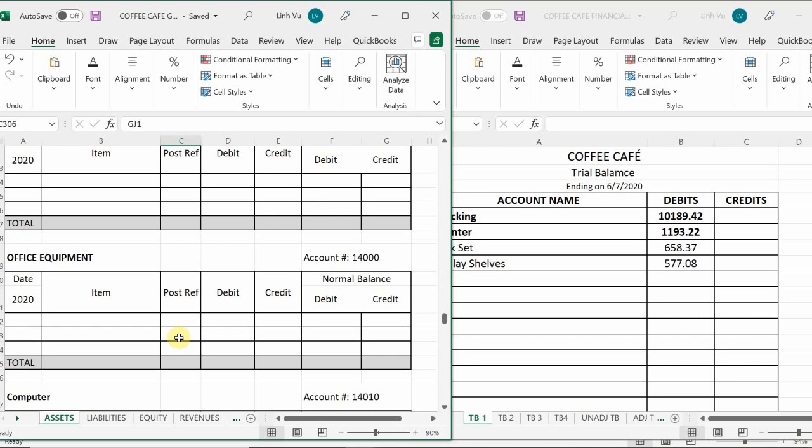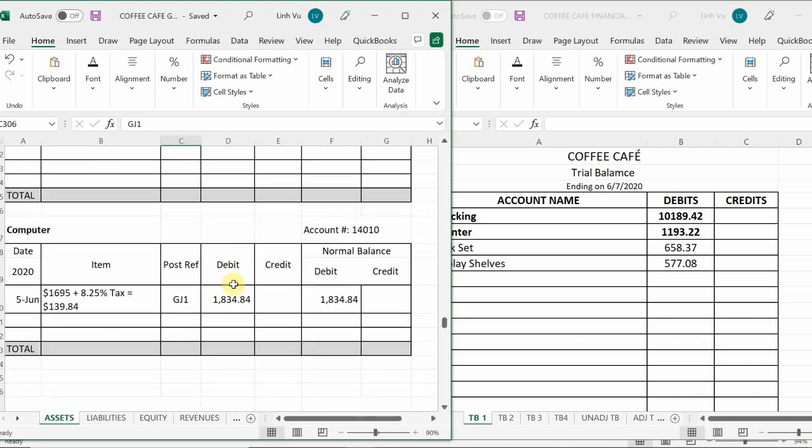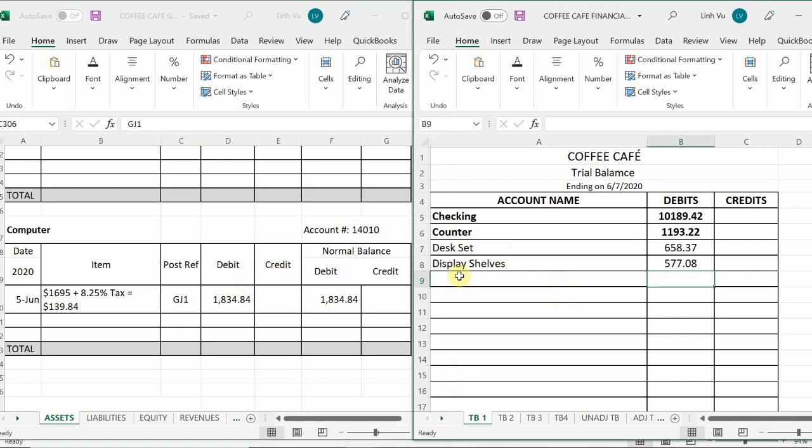So then, do we have office equipment? In the main account, we don't have anything there, but when we break it down, yes, we do, right? We bought a computer for a total of $1,834.84.